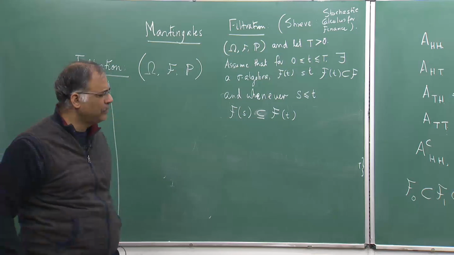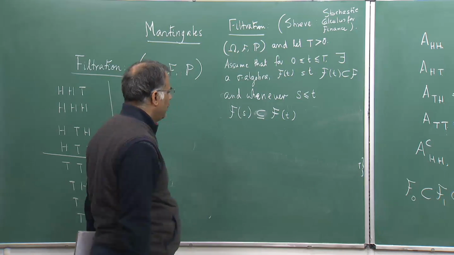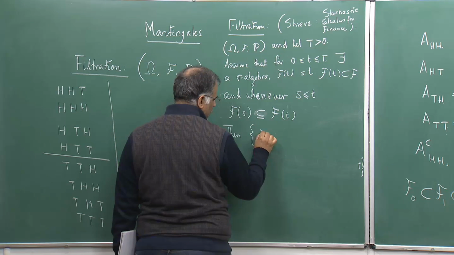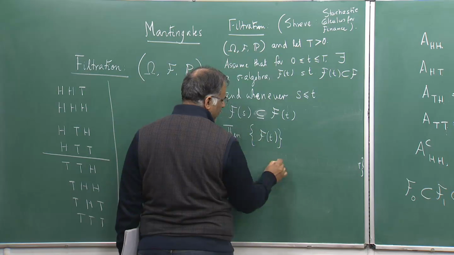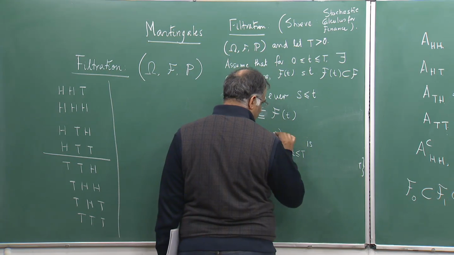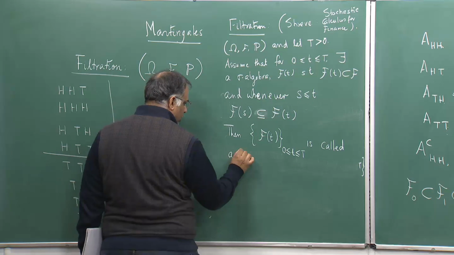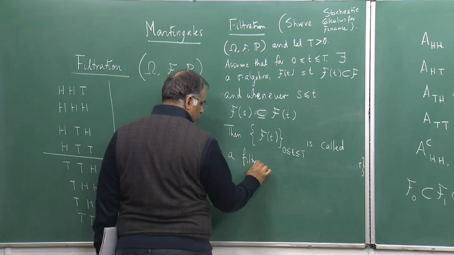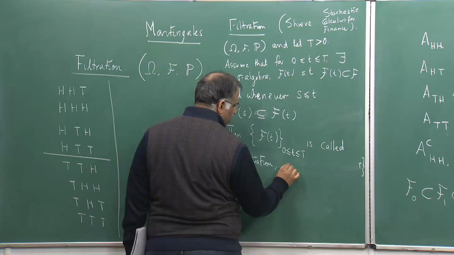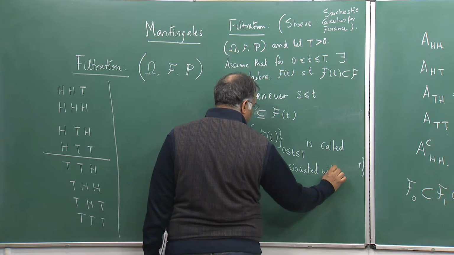So F of t will contain F of s. This condition has to be satisfied. Then, if these are all satisfied, the family of sigma algebras Ft, where t is from 0 to T, is called a filtration associated with the probability space.